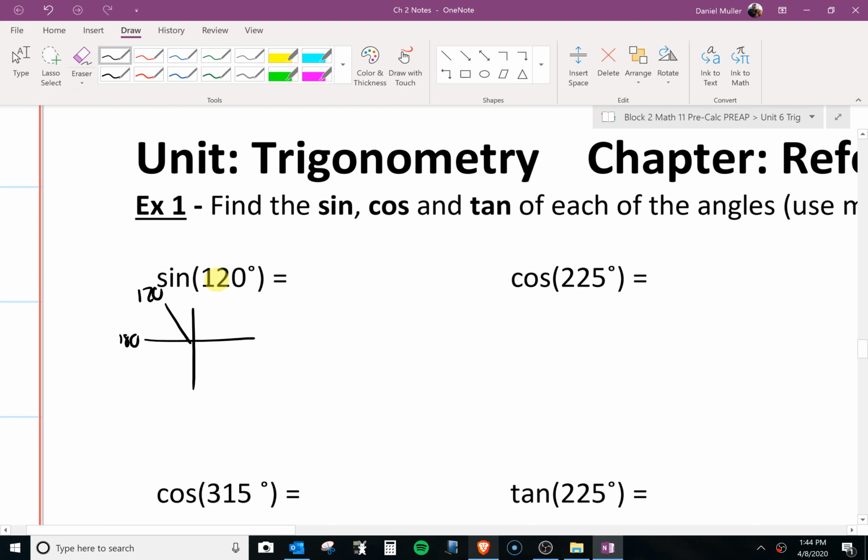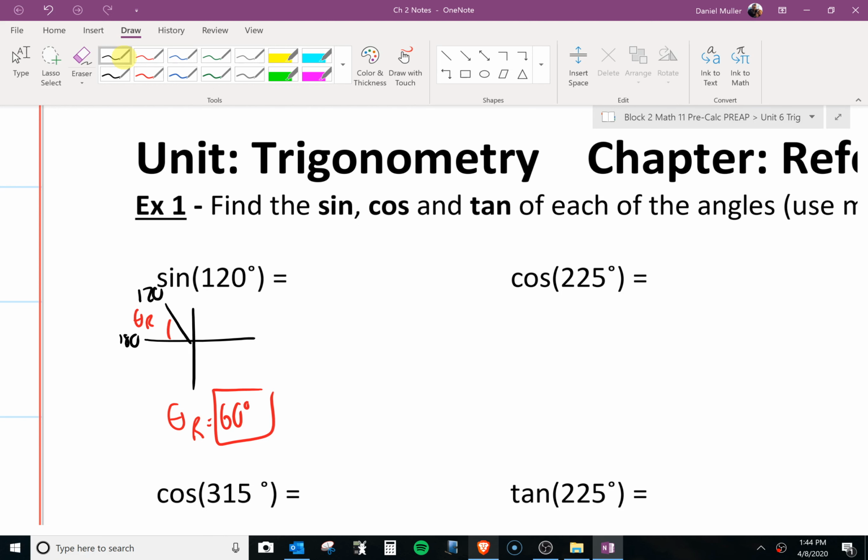I'm going to erase this 90. 120 is on there. It's not on my chart, so I drew it, and I look instead at the reference angle. My reference angle here, between 120 and 180, is 60. And believe it or not, 120 and 60 are going to have the same answers.